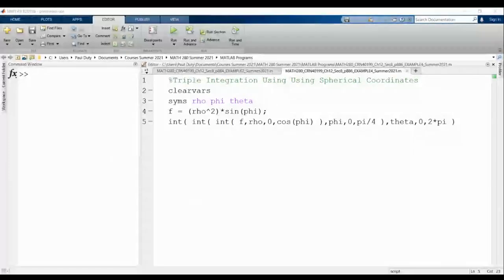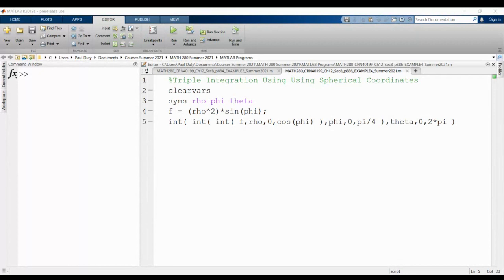And here is the code. So here again, the clear vars command on the second line. My symbolic variables are rho, phi, and theta. My function is rho squared times sine of phi. That's my integrand.